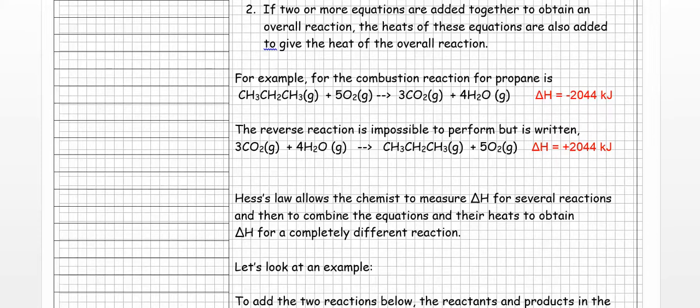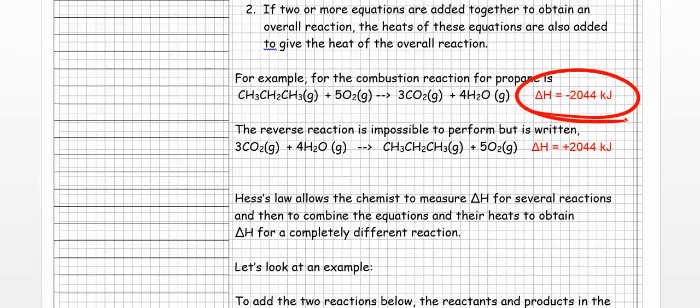For example, for the combustion reaction for propane, we have CH3CH2CH3, and that's a gas, reacting with 5O2, combustion means in the presence of oxygen, to yield 3CO2 gas and 4H2O, also a gas. Now obviously the delta H for that is very negative, negative 2044.